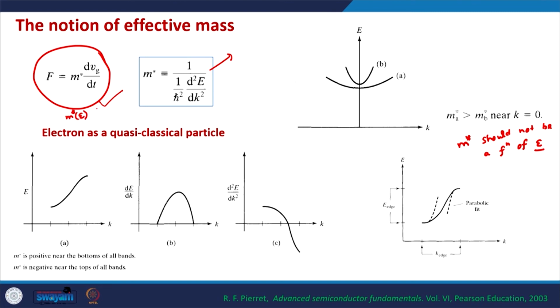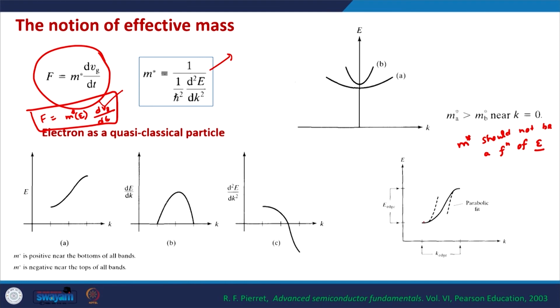So, if effective mass changes with E, then this equation will not be very useful, because we will need to go back to the Ek plots, and ultimately we would need to do the quantum mechanical calculations for the device.